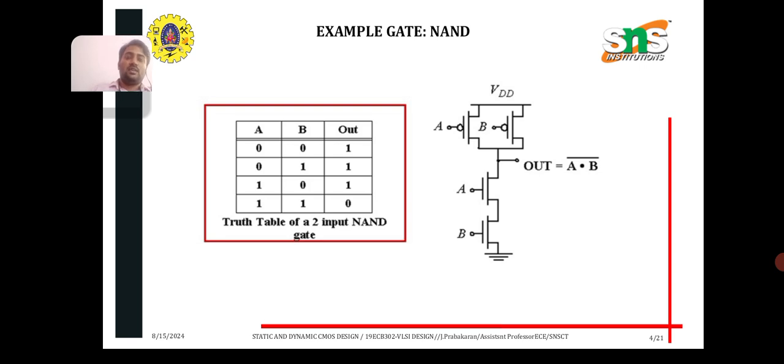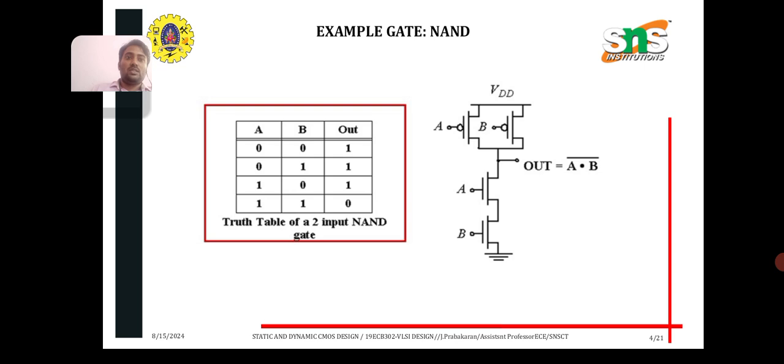Next, here we can see an example of a static CMOS NAND gate, which involves creating a circuit that outputs a low signal only when all inputs are high. The CMOS NAND gate uses both PMOS and NMOS transistors in a complementary fashion to achieve this behavior.